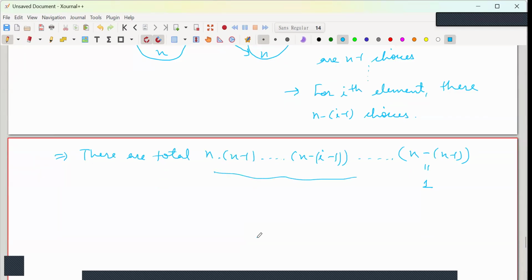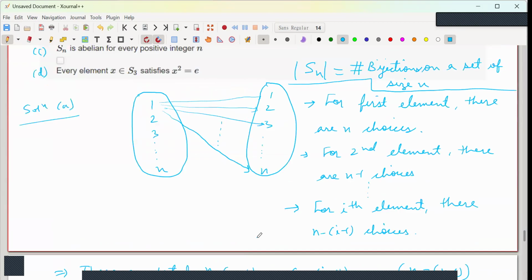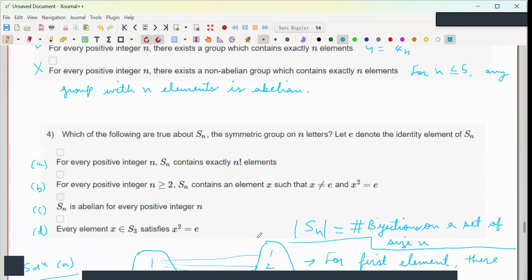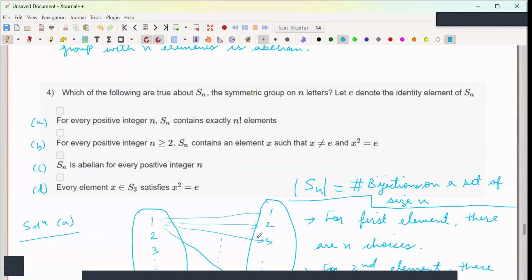This number is equal to just n factorial, which implies the size of Sn is n factorial. Good. I am happy that you know the proof. Okay, first one is correct.